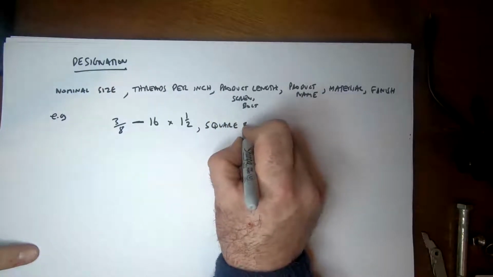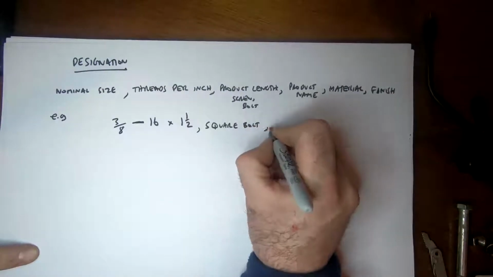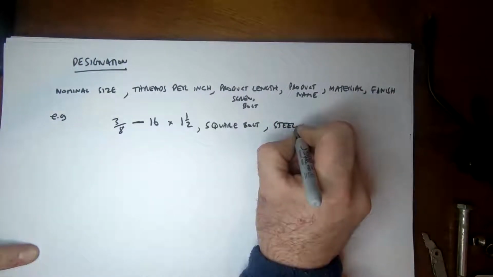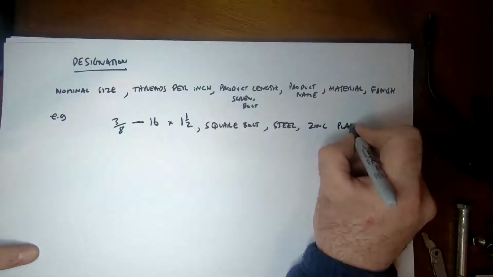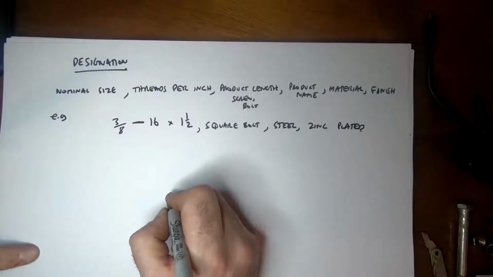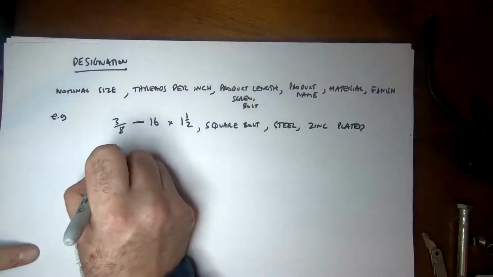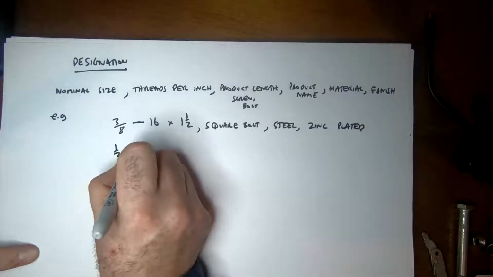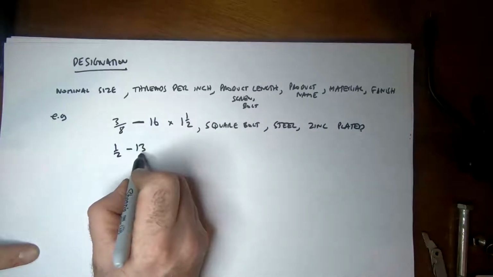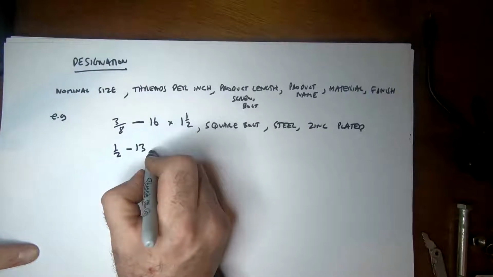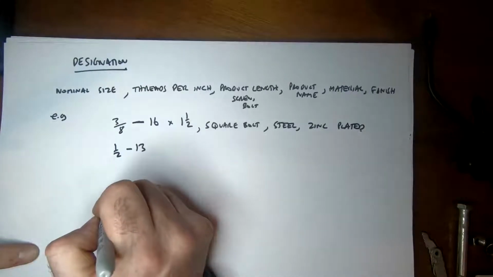So a square end bolt, made of steel, and maybe a special finish, maybe a zinc plated finish on it. So that's an example. Another example, maybe a 1/2 inch bolt, 13 threads per inch is the standard. So if you've got the 1/2 inch, you know it's UNC. You could just put UNC, and then people figure out 13.